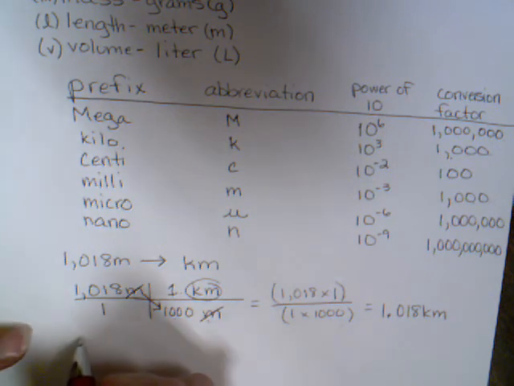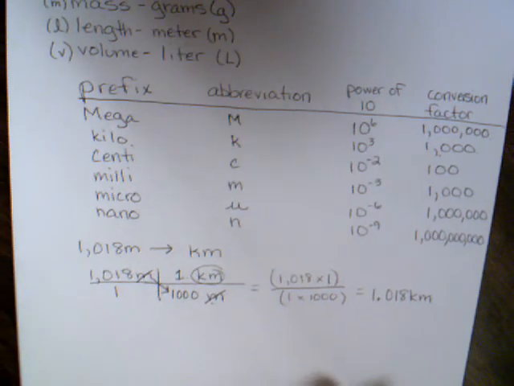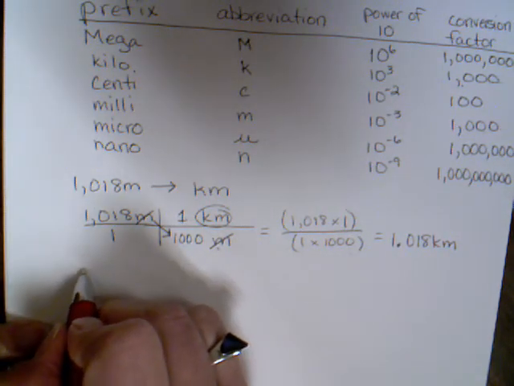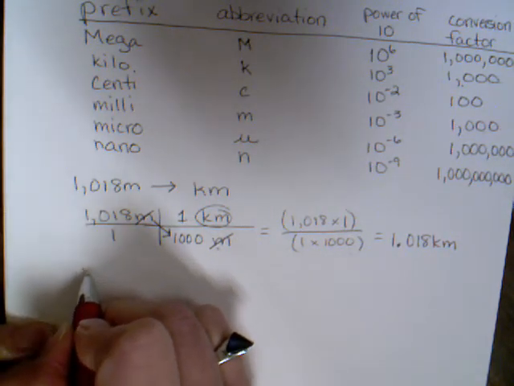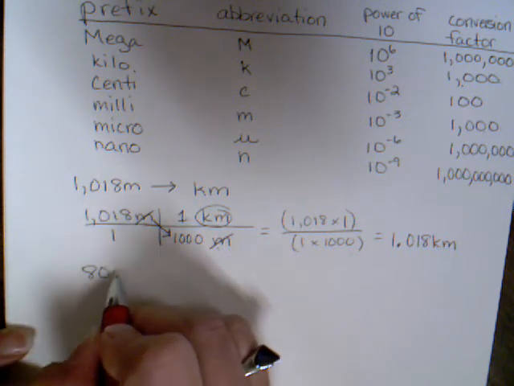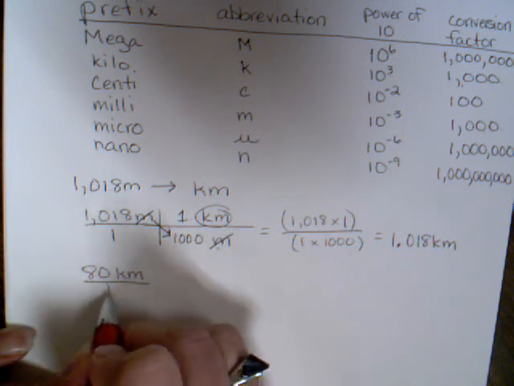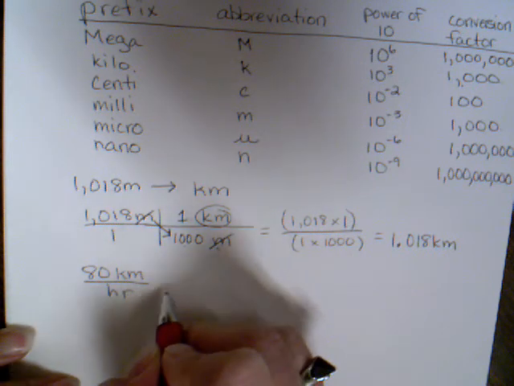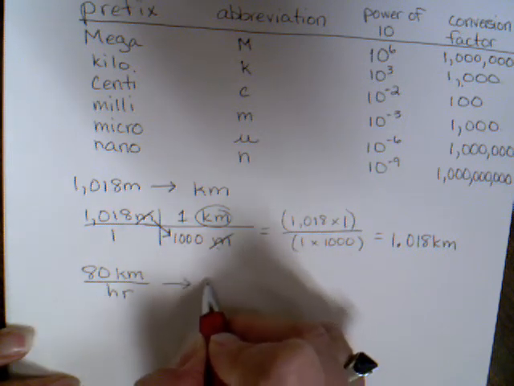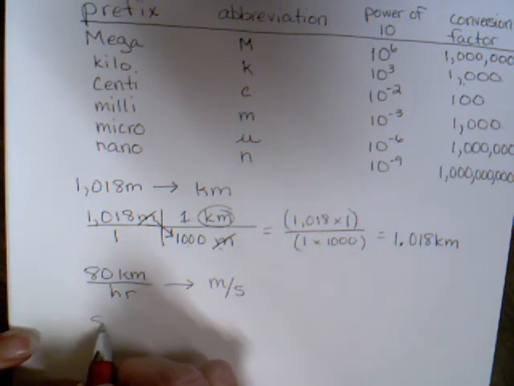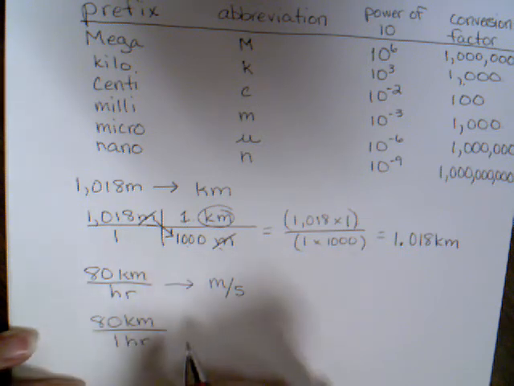Let's say that for a multiple conversion, I am going 80 kilometers per hour, and I need to convert that to meters per second. So I would write the quantity given, 1 hour.